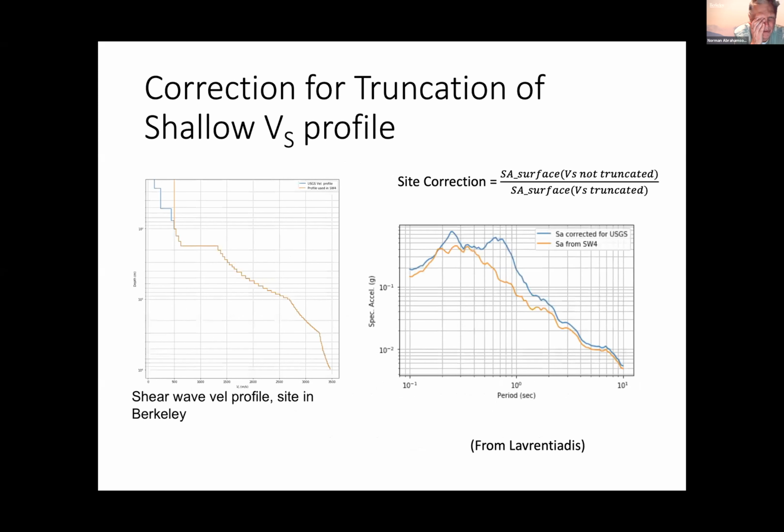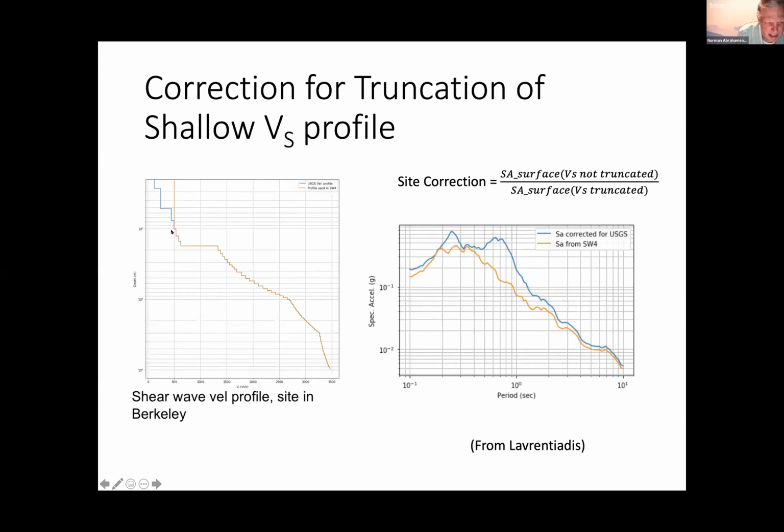When we're looking at the truncation of the profiles, on the left-hand side are velocity profiles. It's probably confusing because the depth axis is in log units, because we wanted to see the top part easily and what's going on at depth. This would be the velocity profile, for example, from the USGS 3D model for the Bay Area in blue.